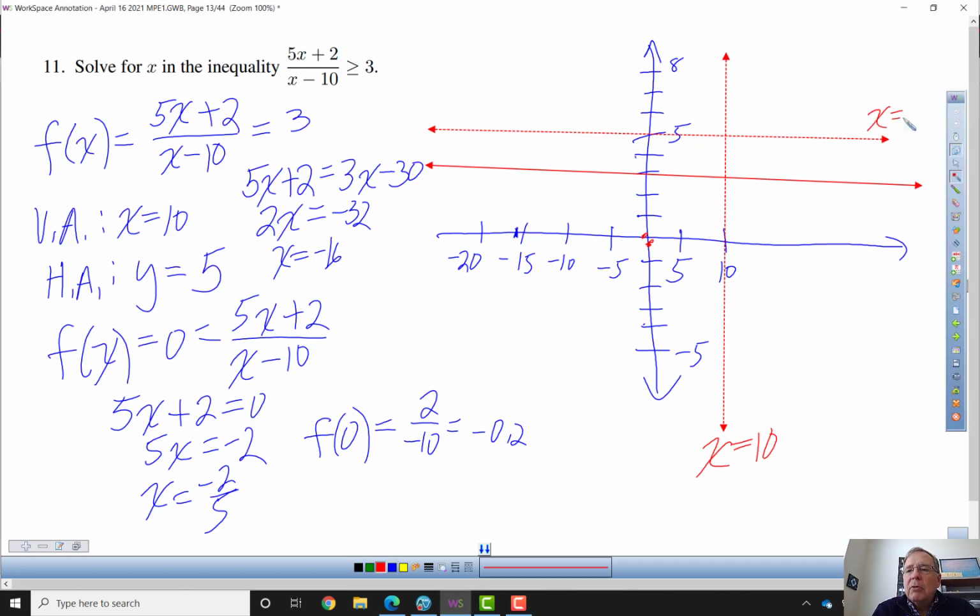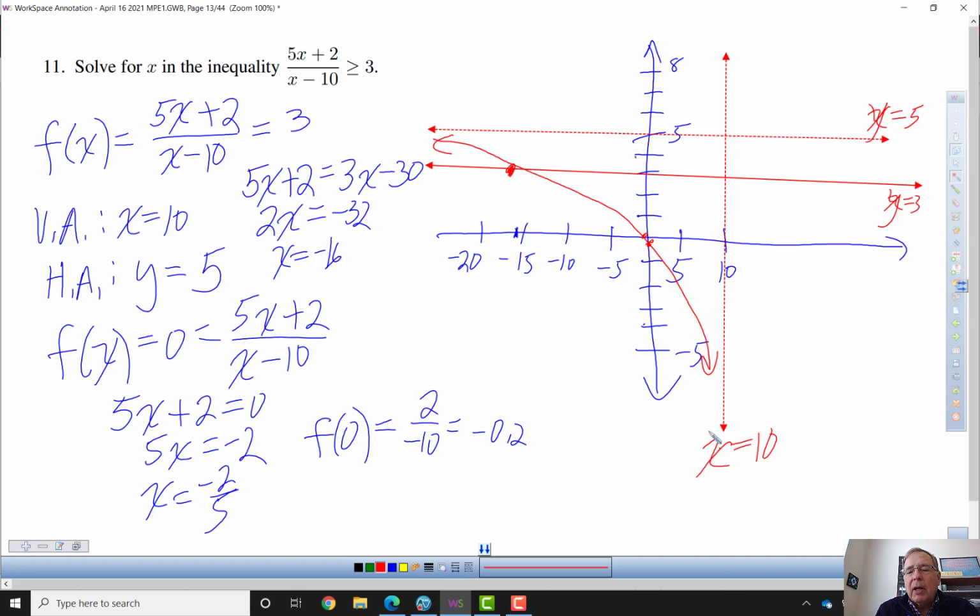So y equals 5 is the horizontal asymptote, y equals 3 we already got labeled, so at negative 16 we're going to be at 3. If I sketch this in, I'm going through y equals 3, and then through negative 0.4, 0 and 0, negative 0.2.